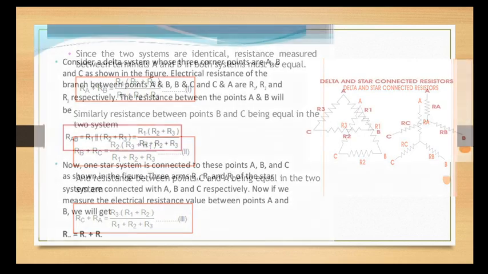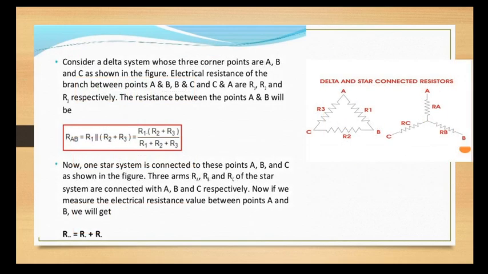That is what we said earlier: R1 in parallel with R2 and R3 gives R1 into R2 plus R3 divided by R1 plus R2 plus R3. That is the total resistance between the points A and B.